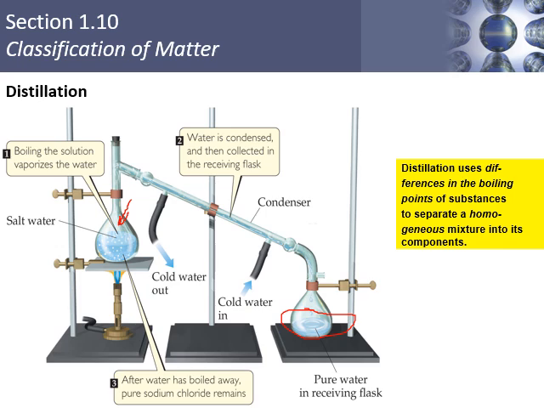Everything that doesn't boil at or below that temperature will stay right there. The thing that you want boils, comes up this little tube here, condenses in this area, and eventually cools off and drips down here, and you've got yourself a pure product.